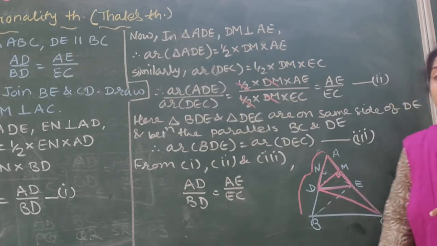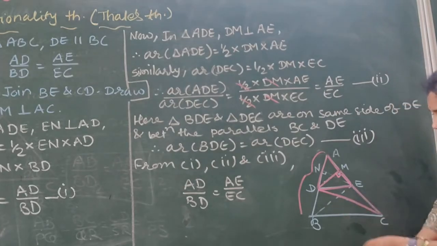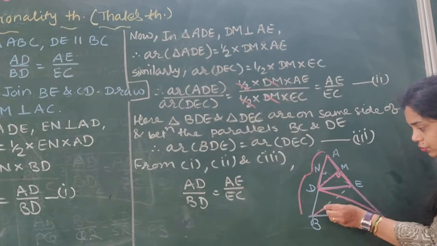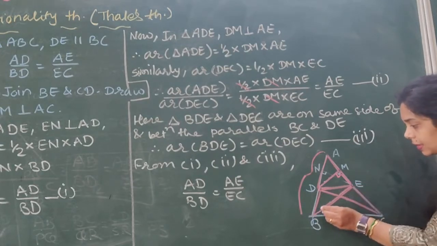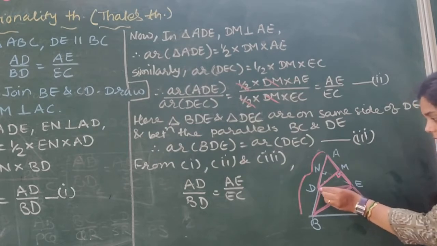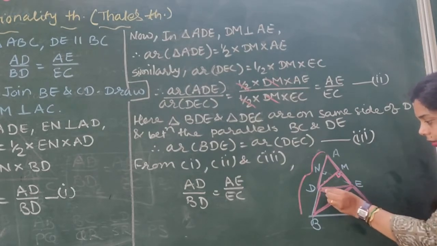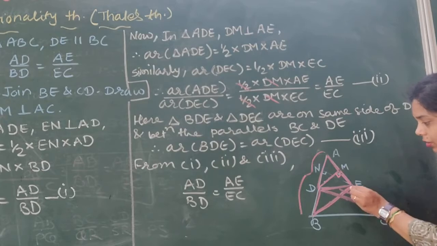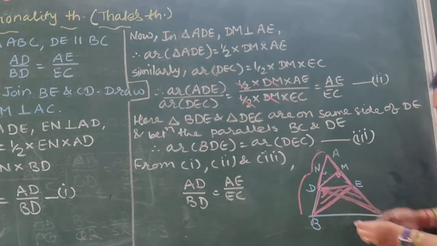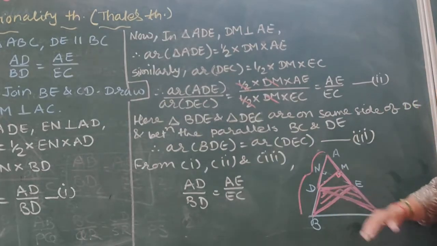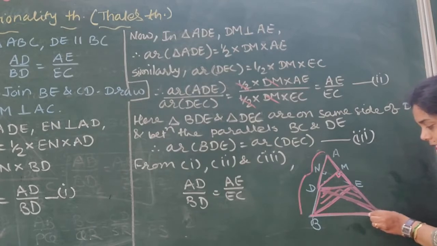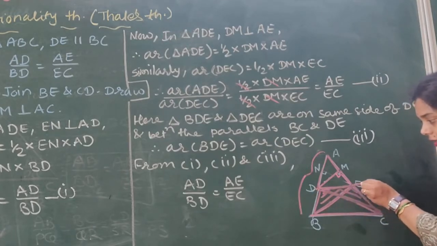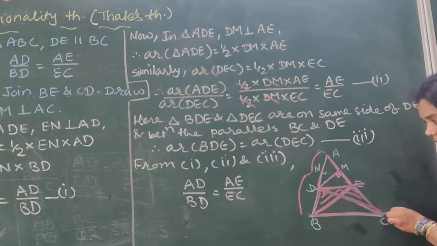Okay, now you are able to see that these two triangles, triangle BDE and triangle DEC, both are lying on the same side of DE. It is at the bottom of DE, and in between the two parallel lines DE and BC.